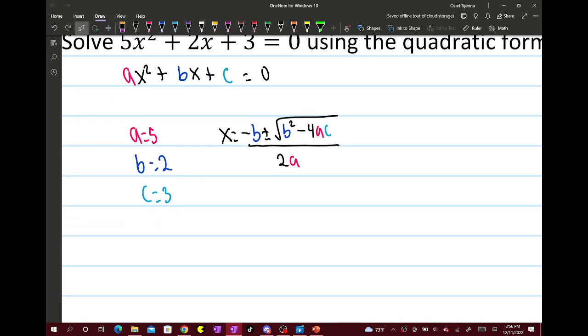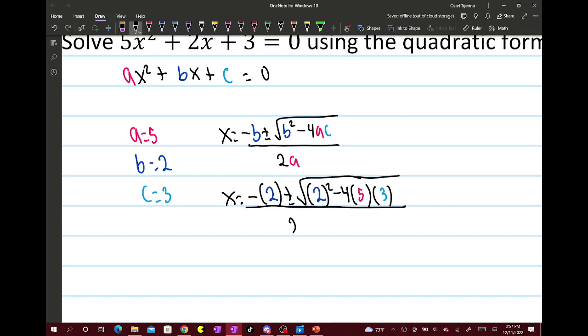Okay, so we need to plug in the a, b, and c values here, right? So we're going to have x equals negative the quantity 2 plus or minus the square root of the quantity 2 squared minus 4 times 5 times 3, all over 2 times 5, right?